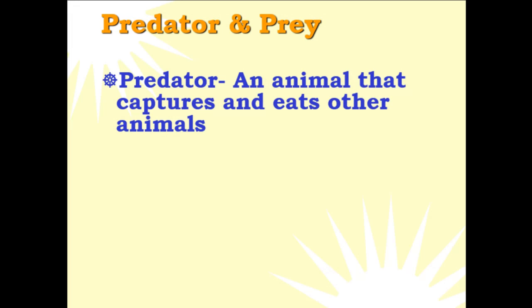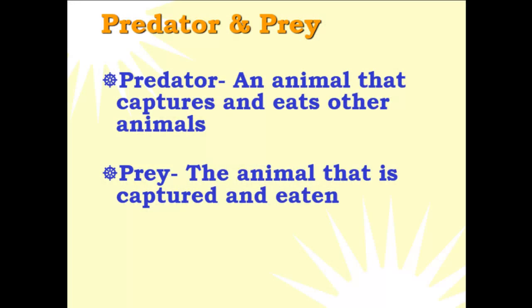Okay, I don't think it's hard to understand that a predator is the animal that captures and eats other animals. There are some plants that are predators too. Obviously, we know there are some of these plants that eat animals, and you're aware of these. Now, the prey is anything that's eaten or captured by the predator.